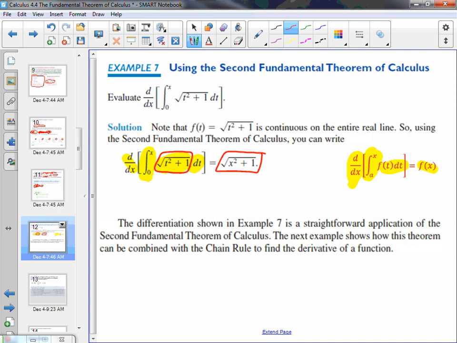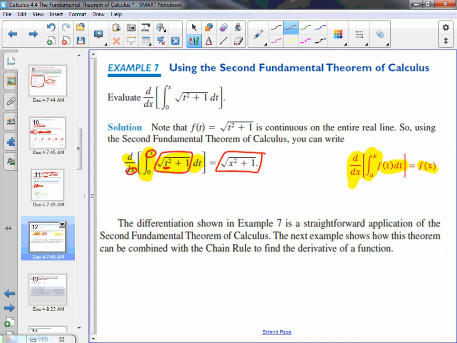Well, remember, the only reason that's a t is because they didn't want to use x in two different ways in two different places. So we're dealing with a function of x all along. We just tried to be not as confusing as we could be if we really wanted to be.